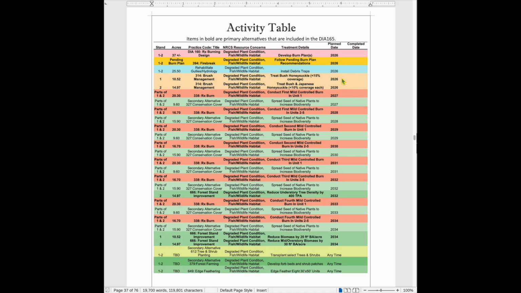That's something that needs to get started on ASAP, and it needs monitoring with quick follow-up treatment every year. Even though it's not in the plan for every year, monitoring and treatment need to be conducted every year. It's not in here over and over again. It's not in this table because they don't pay for the monitoring.